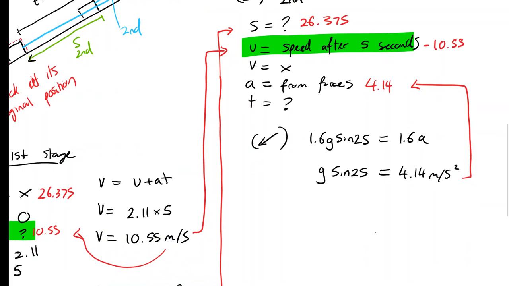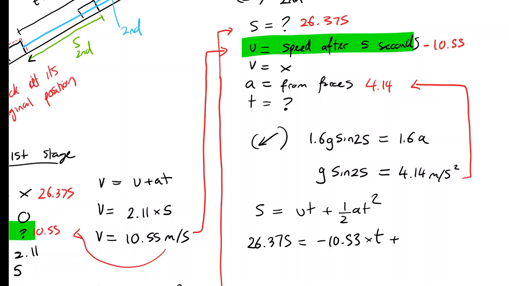Okay, we now have enough information to work out t, so we just want the equation that doesn't have v in it. So we've got to use S equals ut plus 1/2 at squared. So 26.375 is equal to minus 10.53 times time plus 1/2 times 4.14 multiplied by t squared.